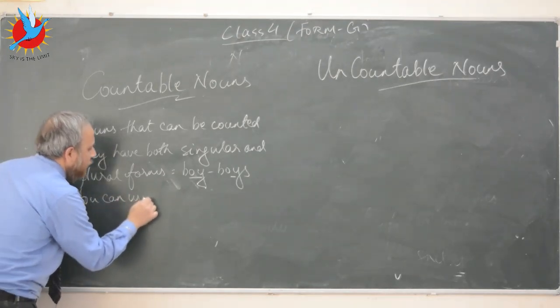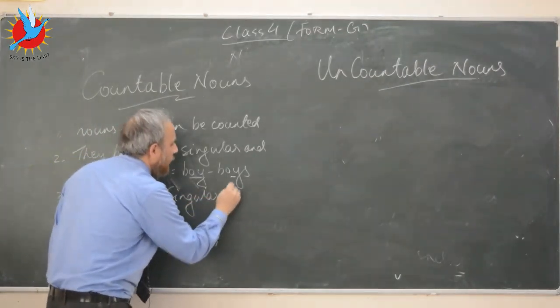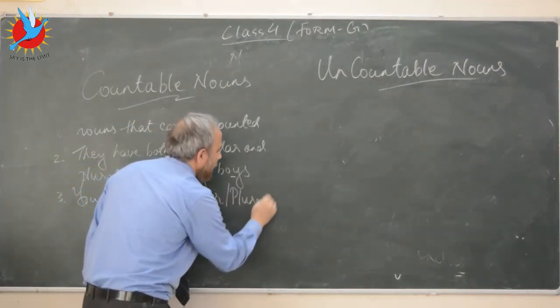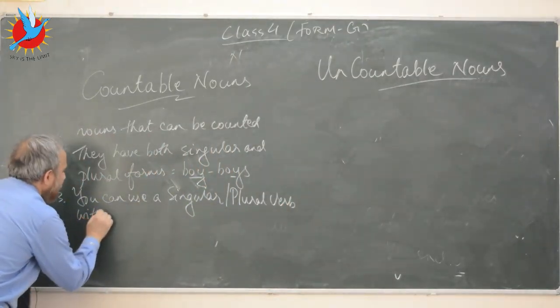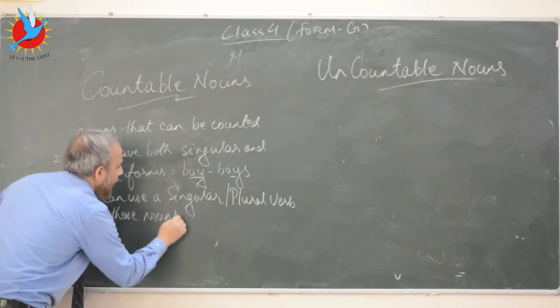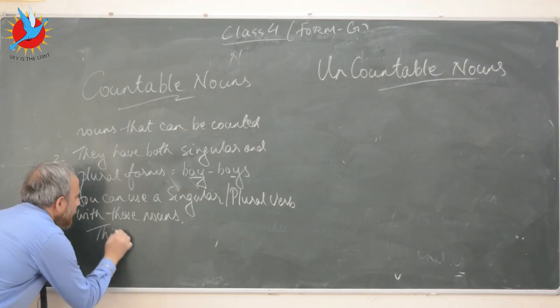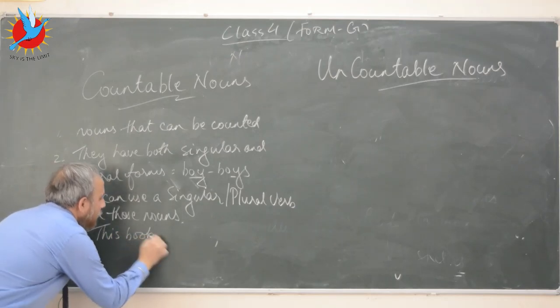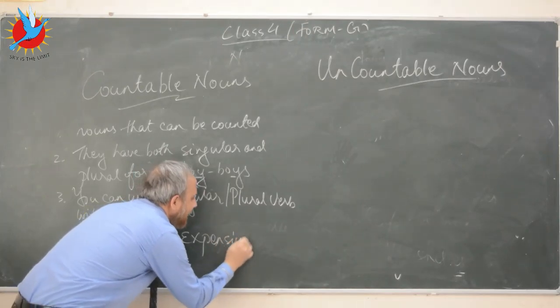The third one is, you can use a singular or a plural verb with these nouns. For example, let's say this book is expensive.